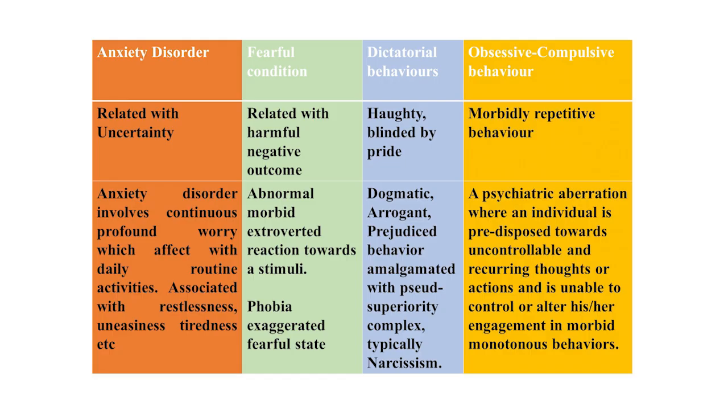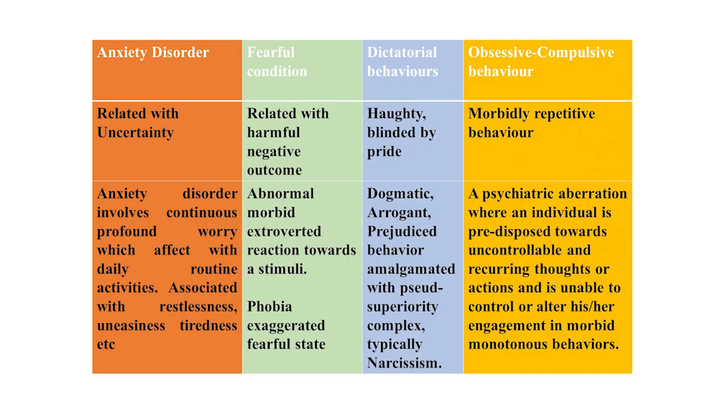Obsessive compulsive behavior. You may see it very often, but you may not identify it. So after listening to this definition, you will be able to identify obsessive compulsive behavior in your life. OCD is morbidly repetitive behavior.